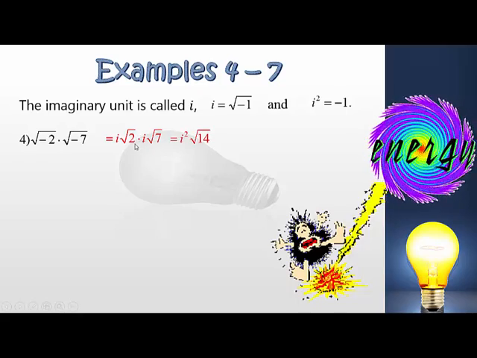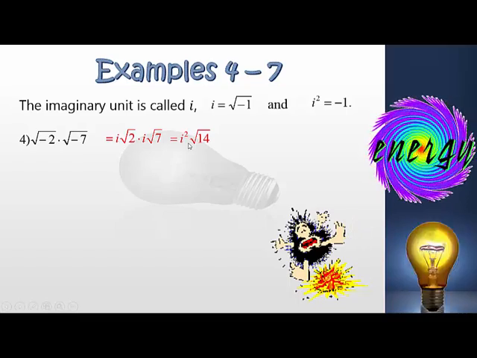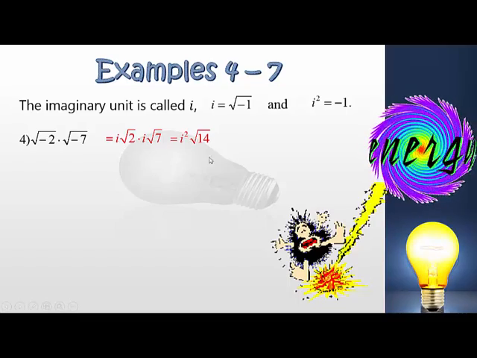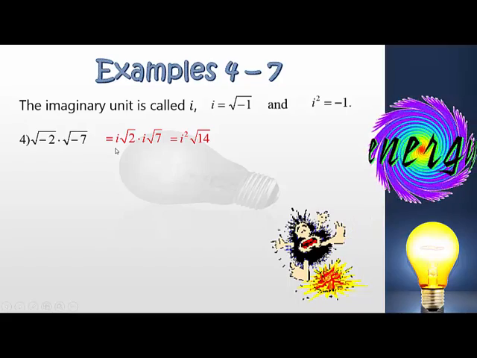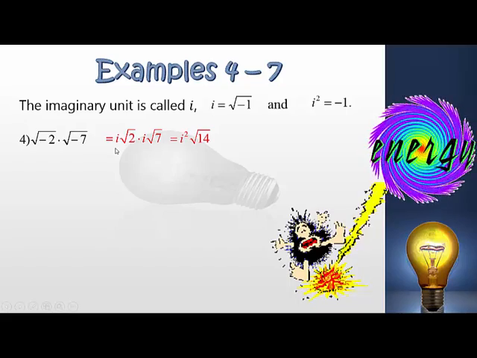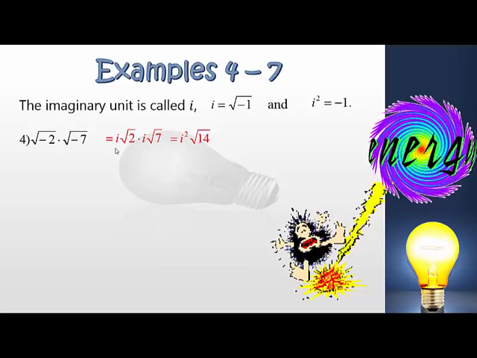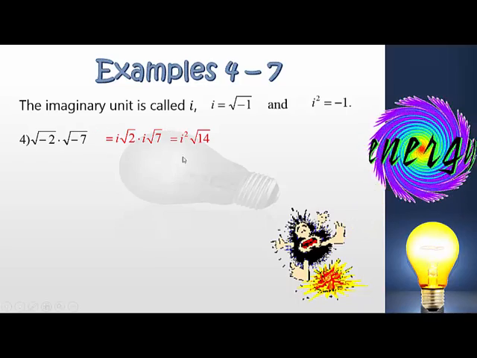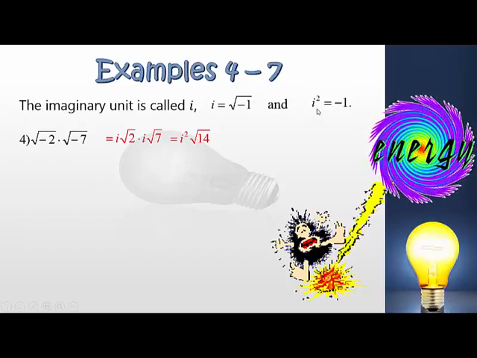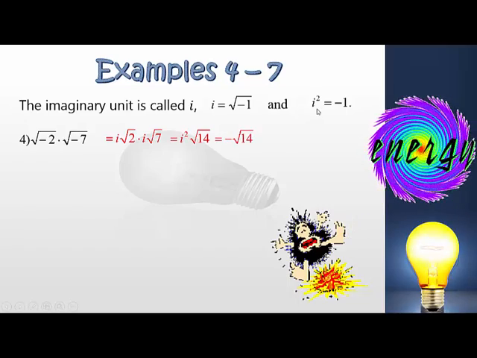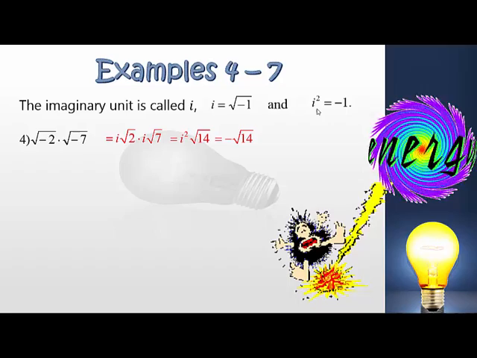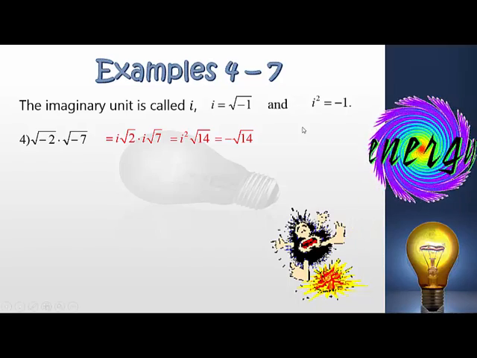Now, it turns out i times i is i squared, and then we have the square root of 14, because 2 times 7 is 14, and there's no way of really simplifying the 14 any further, but we must simplify the i squared, and we know the i squared is equal to negative 1. So the answer is negative square root of 14.